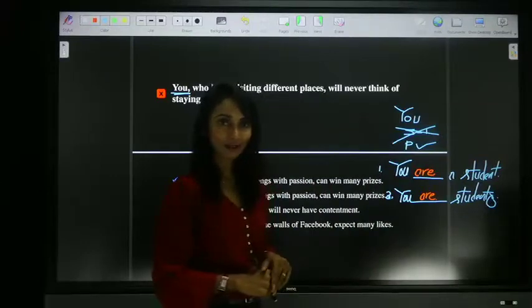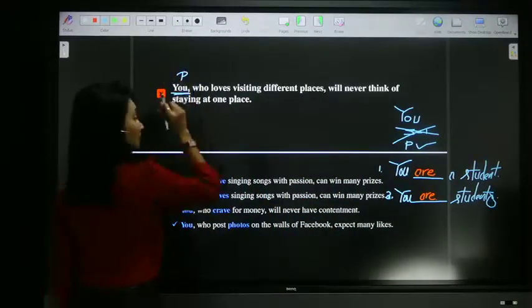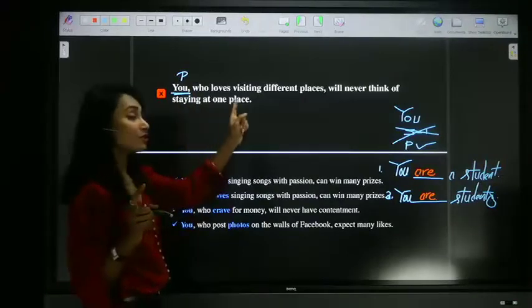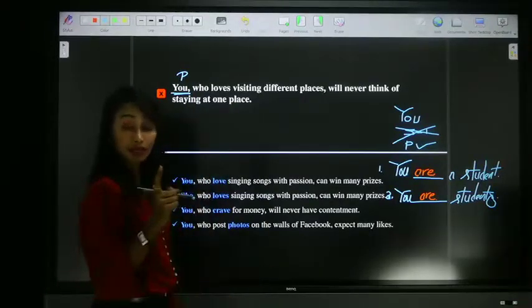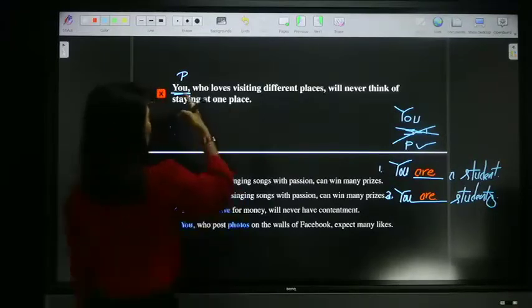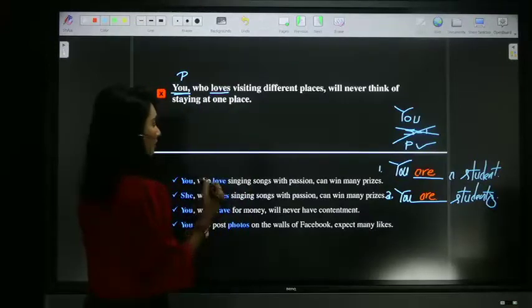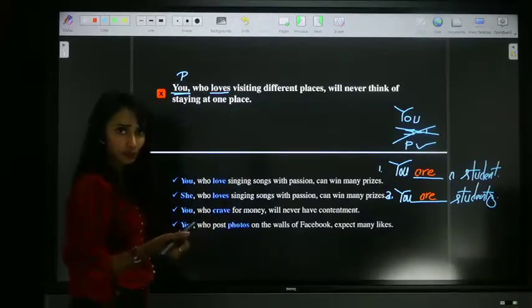Is that clear? So our subject is plural. You in a sentence is always plural. You cannot be singular in a sentence. So subject is plural, verb must be plural. And if there is a pronoun, it also should be plural.